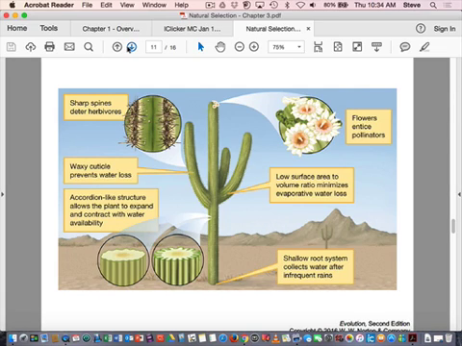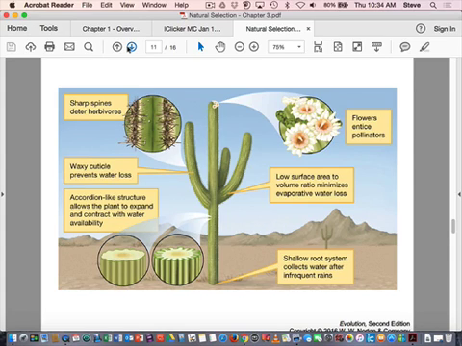Maybe that's a more efficient way to do that. They often have a waxy cuticle that prevents water loss, and all sorts of photosynthetic mechanisms that reduce water loss. And then they have an accordion-like structure that allows the plant to expand and contract with water availability, and where they store water.